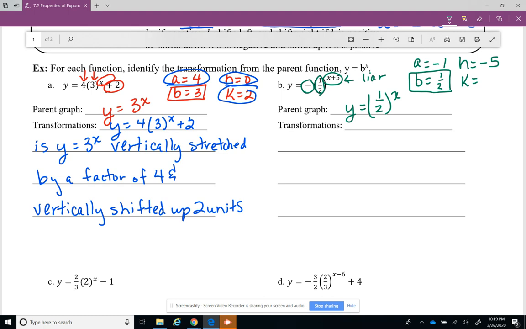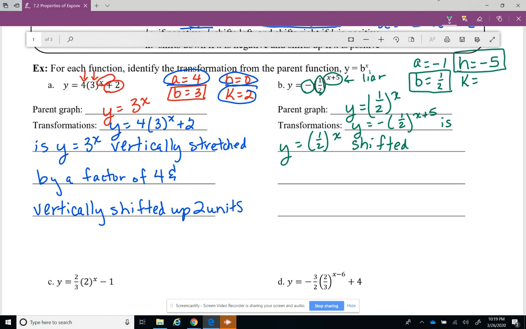All right, so let's describe the transformation. y equals -1/2 to the x plus 5 is the parent graph, which is y equals 1/2 to the x. And we're going to do the shifted part first. Now, remember what h tells us.